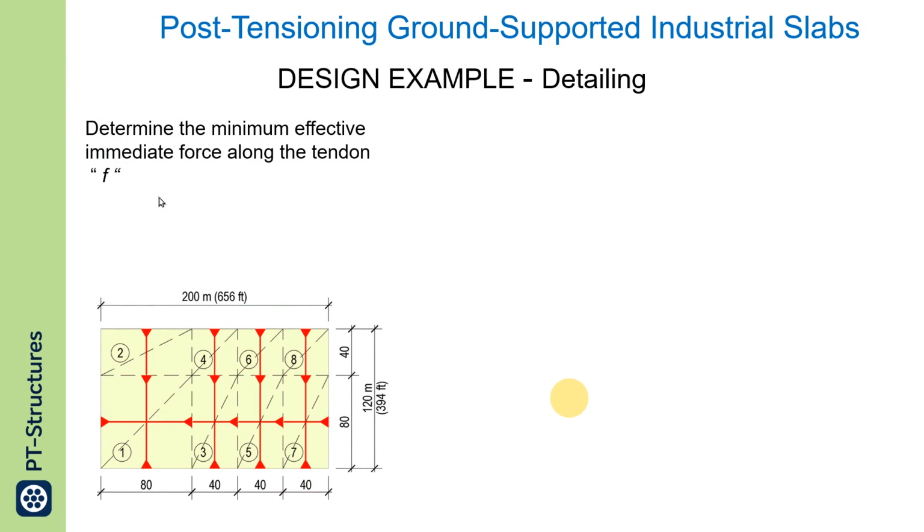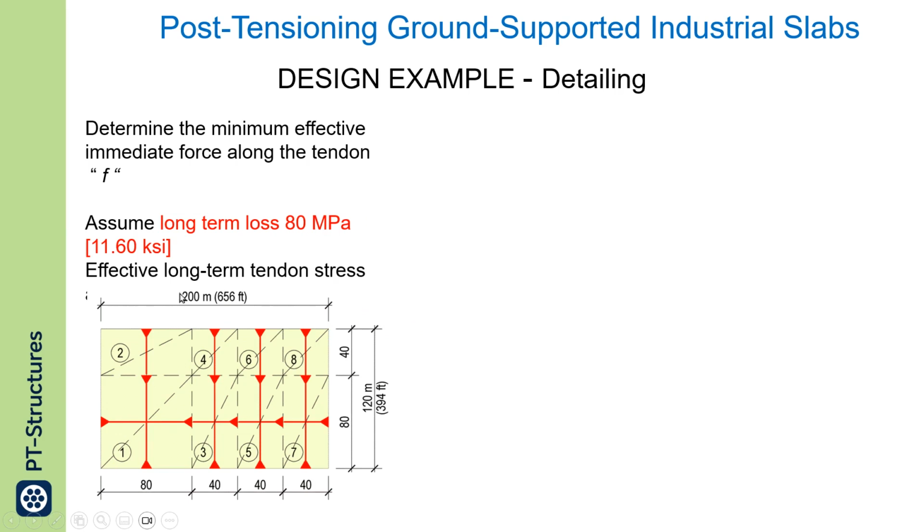Didn't work well. So we determine the minimum effective force along the tendon. That means for this here, the minimum force will be at the far end. Let me see whether I can park this somewhere. Maybe here. Okay.